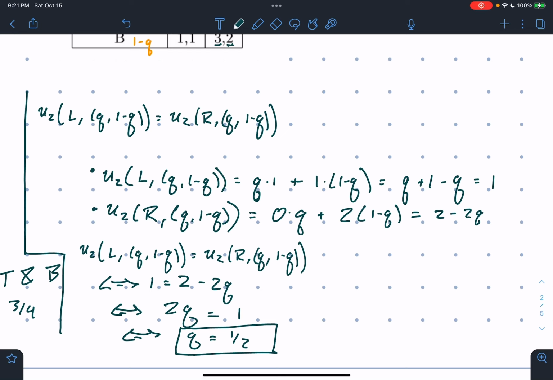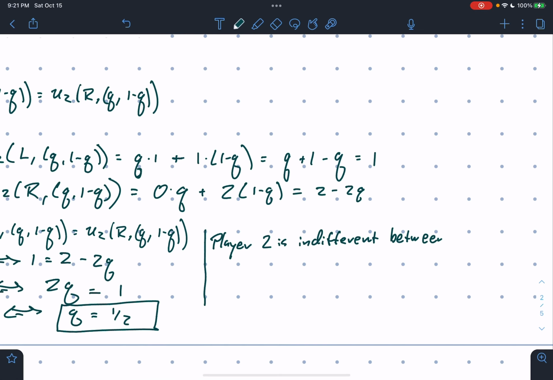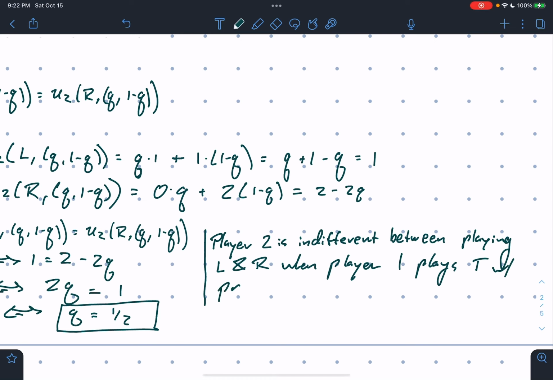So just to box this in, this means that player 2 is indifferent between playing L and R when player 1 plays T with probability 1/2 and B with probability 1/2.